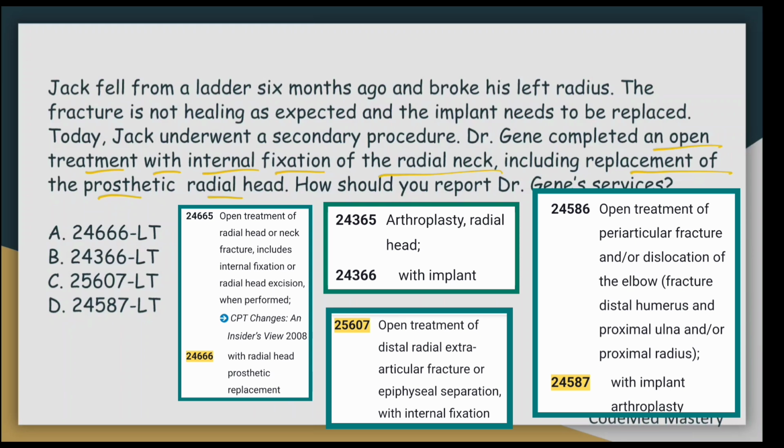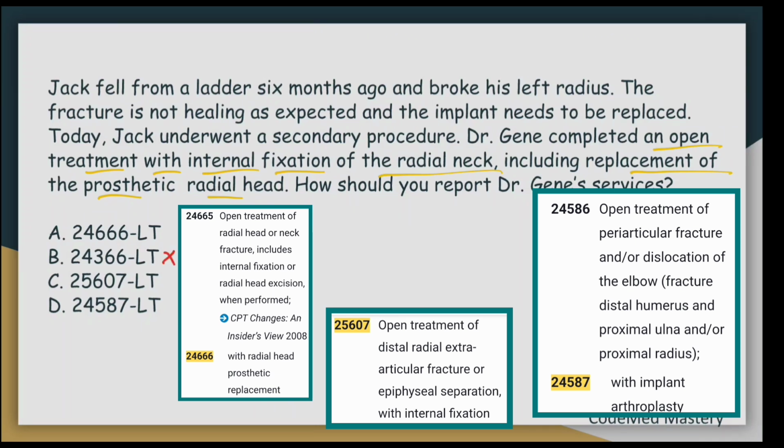We'll eliminate option B because 24366 is for arthroplasty radial head with implant. That is not mentioned in the question, right? So we'll eliminate option B. And option C 25607 is for open treatment of distal radial extraarticular fracture or epiphyseal separation with internal fixation.